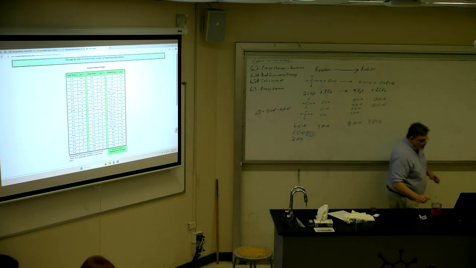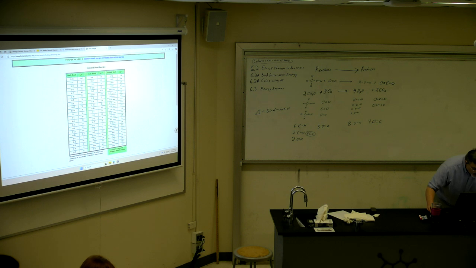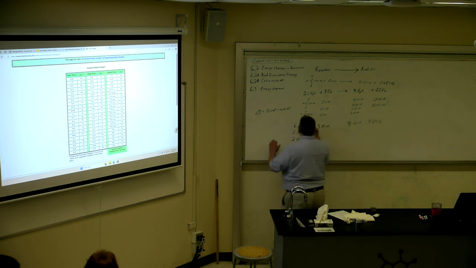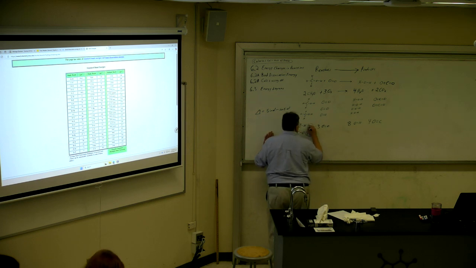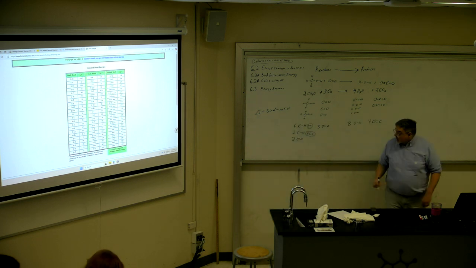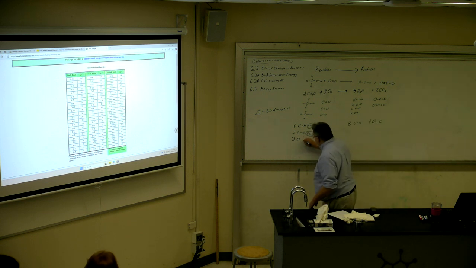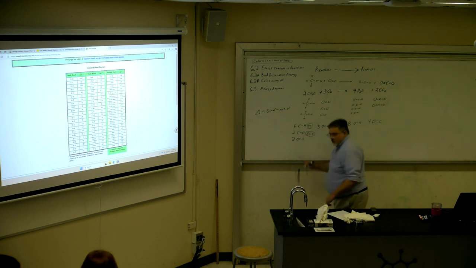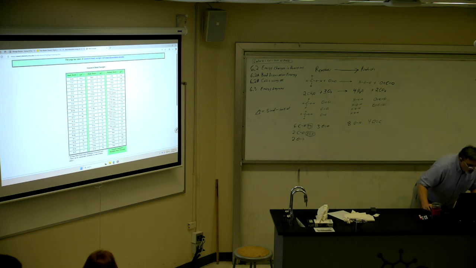C to H is, anybody see it? Usually these are alphabetical. Anybody see C to H? It's there. H to C. Yeah, but it's the same thing, so 99. O to H. You see it?